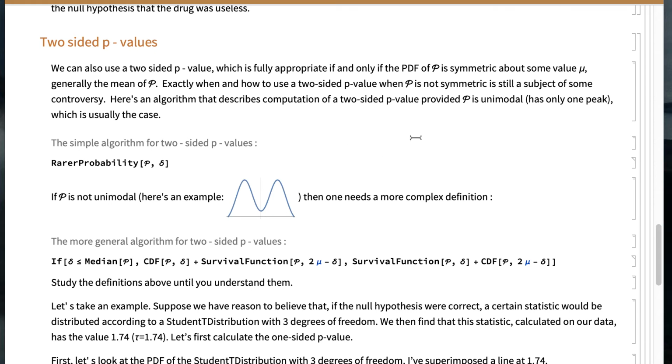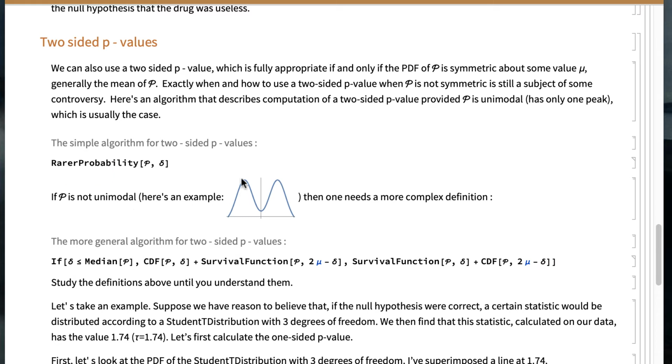Where the distribution P is not only symmetric, but it's unimodal, that is, it only has one hump, then there's a very simple approach. Just as we used the survival function for the one-sided p-value, we're going to use rarer probability for a two-sided p-value.